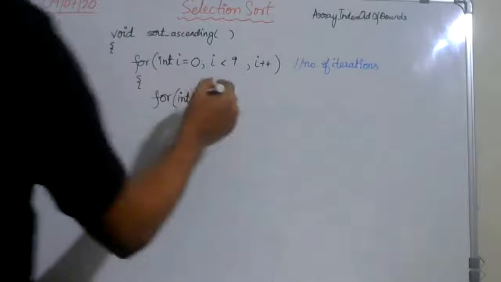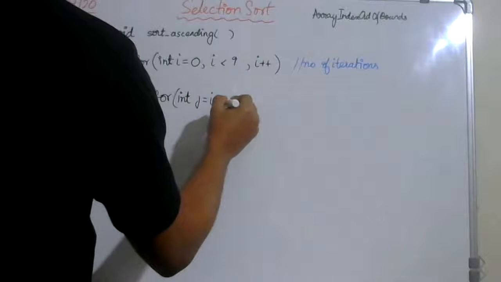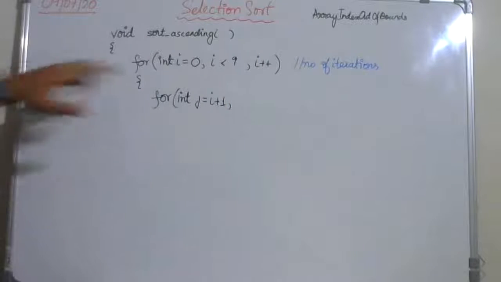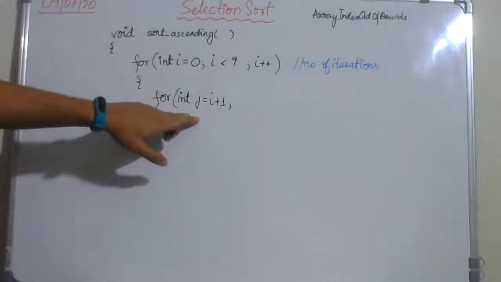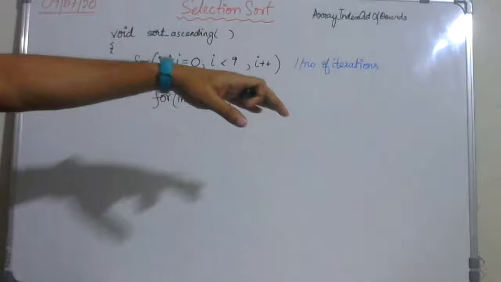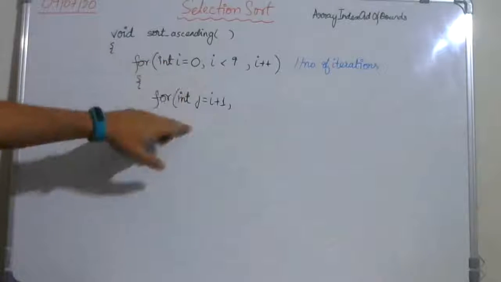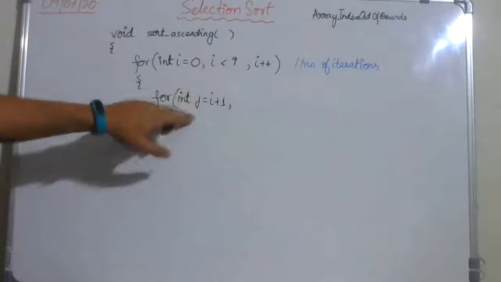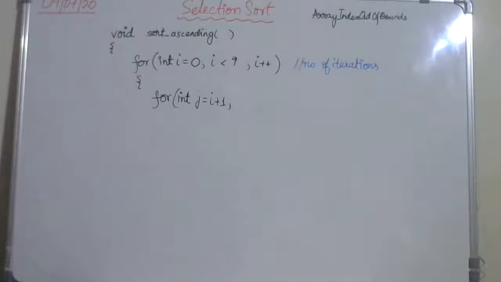So logically speaking, j is beginning from i plus 1 always. If i is the first element at the 0th index, j will be the element just after it, at the 1st index, and these two element values at these two positions are compared. That's the reason why it always starts from i plus 1.